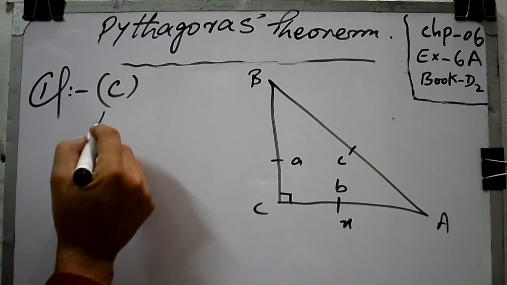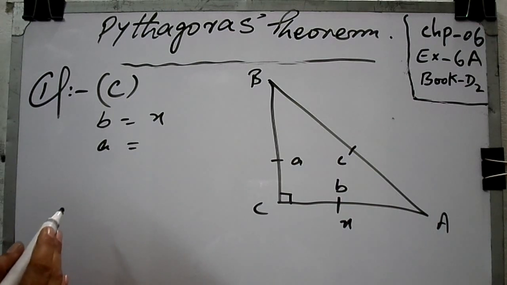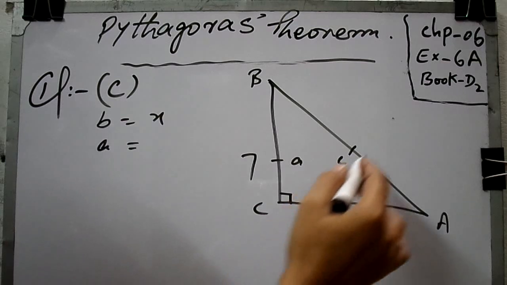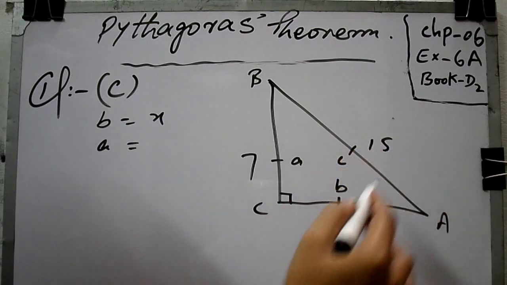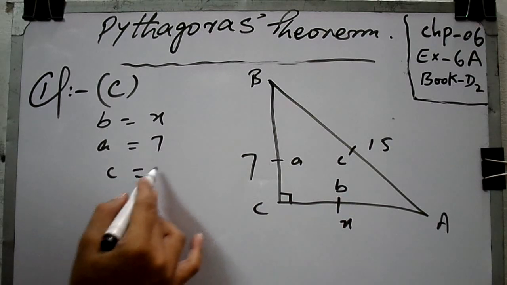Here the value of b is x, the value of a is 7, and c is 15. It is given in your textbook.